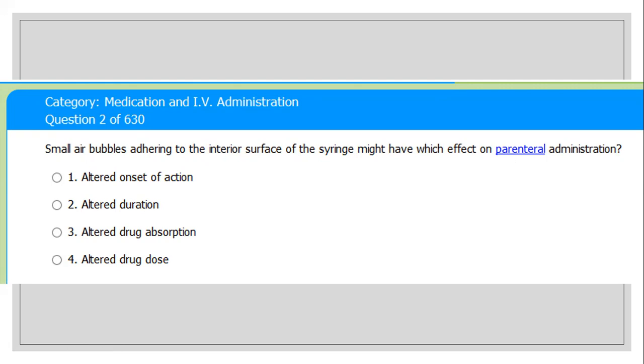What is parenteral administration? Parenteral medications or administrations are drugs given by a route other than the alimentary or respiratory. So if you pierce anything beyond the mouth, we call it parenteral.